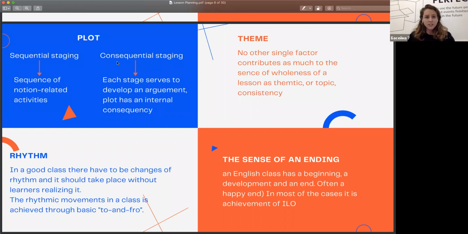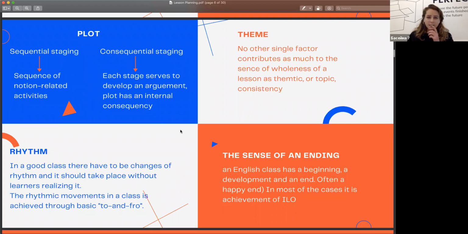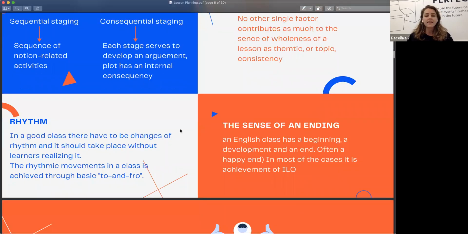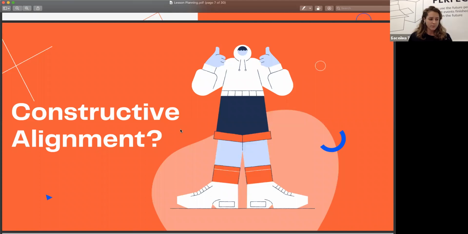That's why, as we started talking about intended learning outcomes, it's interesting to have a look at such a notion as constructive alignment. When we talk about constructive alignment in terms of the class, we mean that there are 3 stages in lesson planning that are aligned, quite obvious at this moment. 3 stages, they're aligned.